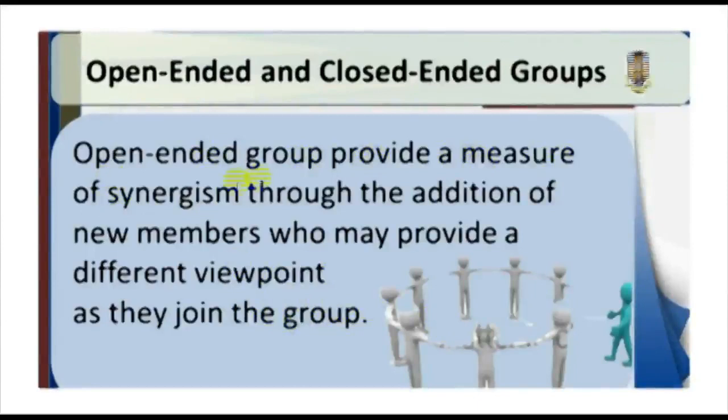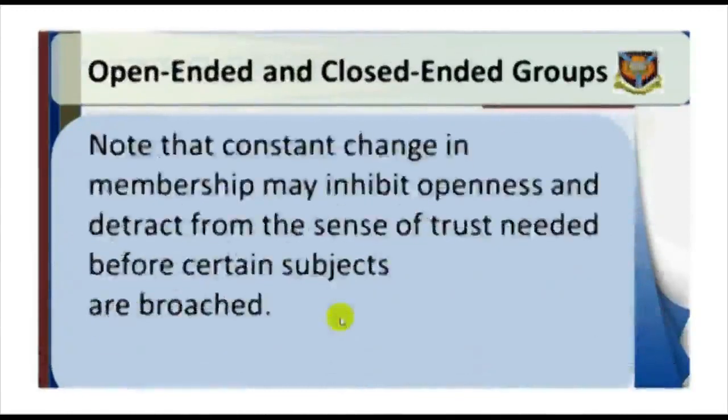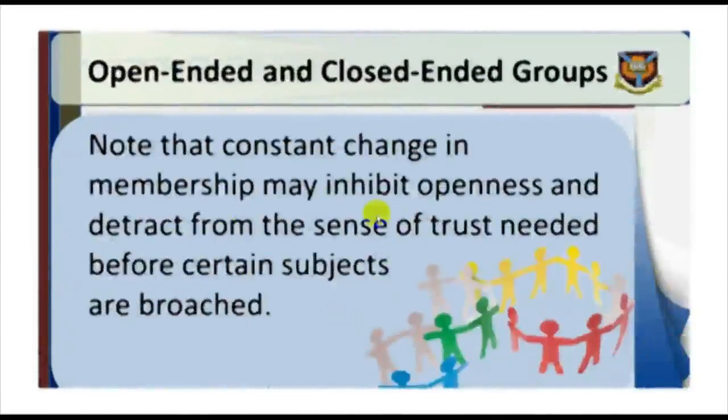Open-ended groups provide a measure of synergism through the addition of new members who may provide a different viewpoint as they join the group. It should be noted here that constant change in membership may inhibit openness and detract from the sense of trust needed before certain subjects are broached.